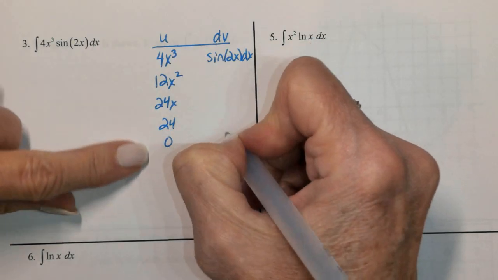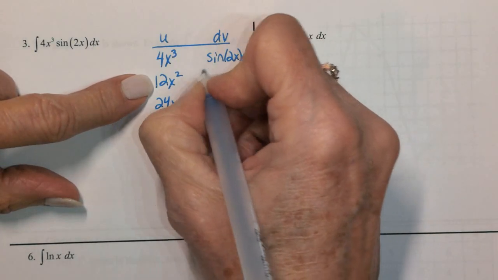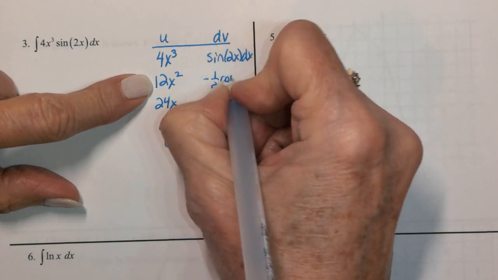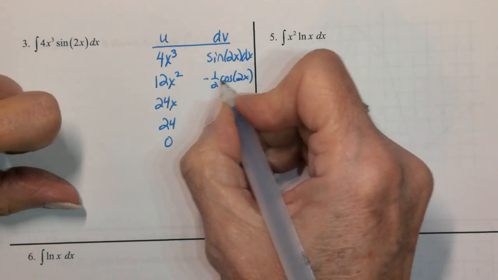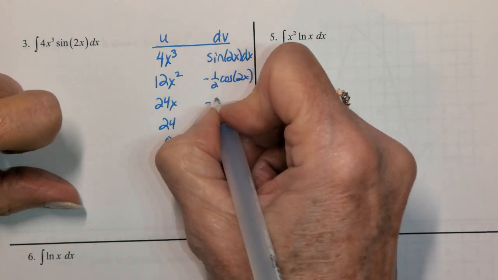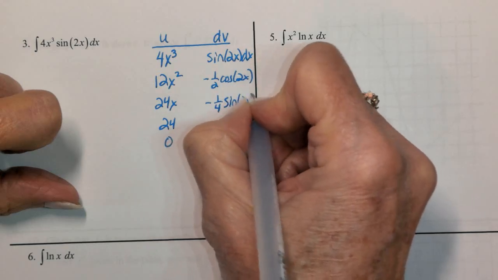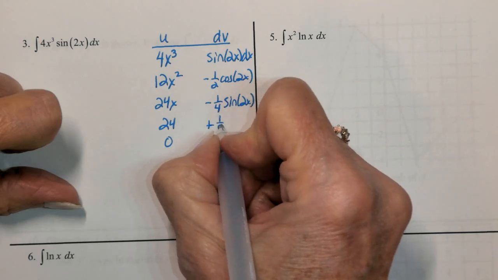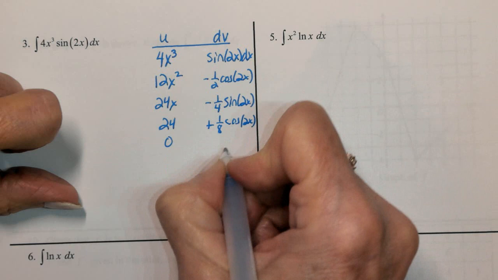We take the integral until we line up with the 0. So integrating sine, change the sign, 1/2 cosine of 2x. Integrating cosine, keep the sign, 1/4 sine of 2x. Integrating sine, change the sign, 1/8 cosine 2x.